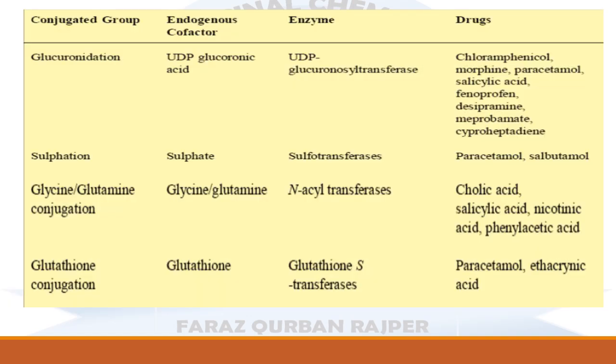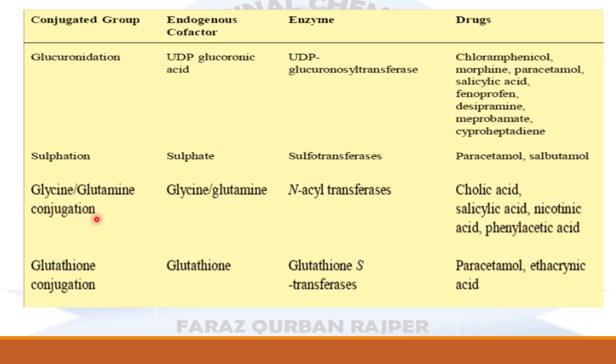And there is another table that is also important. This table illustrates different examples of drug molecules for the different types of reactions, like glucuronic acid conjugation occurring in chloramphenicol, morphine, paracetamol, salicylic acid and all these drug molecules. And in the same way sulfate conjugation occurs in paracetamol and salbutamol.